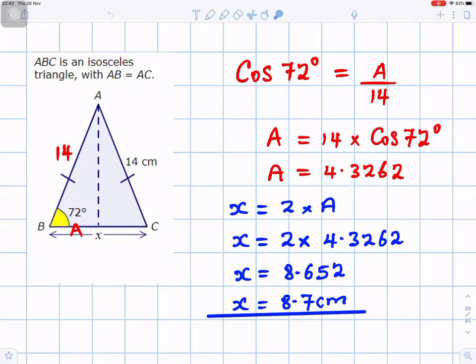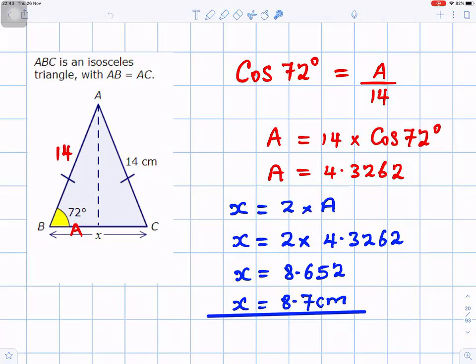Now, we have a right angle triangle, which I've drawn in red. You know you want to find A, the adjacent, and you know the hypotenuse. Which trigonometric ratio, that's what you ask yourself, has adjacent and hypotenuse? It's cosine, from the CAH.